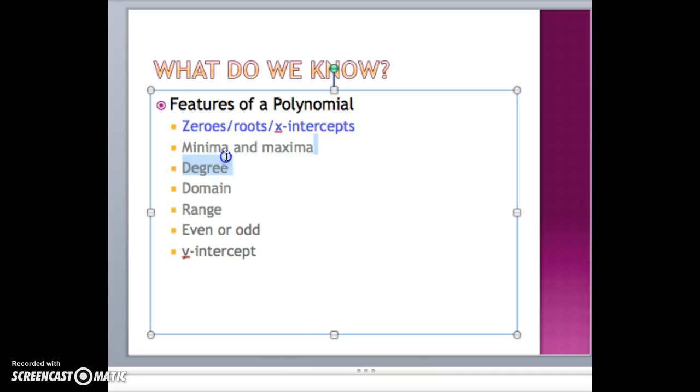We also need those min and max, right? Those are very important. And also you will need the domain and the range. So if you can't remember this entire list, there are 4 things you need to remember. Where the zeros are, where it crosses the x-axis, the min and the max, the low points and the high points, the domain, all the possible x values, and the range, all of our possible y values.